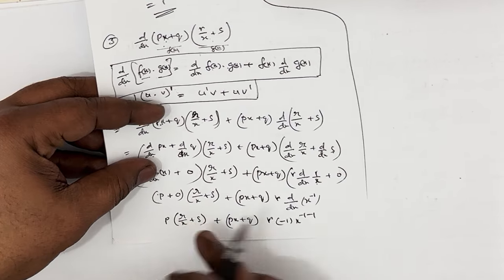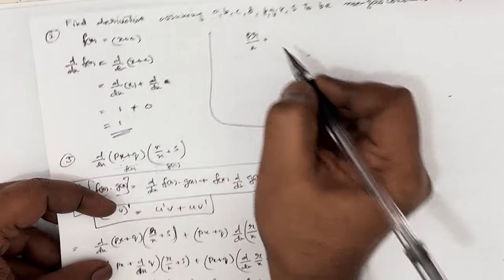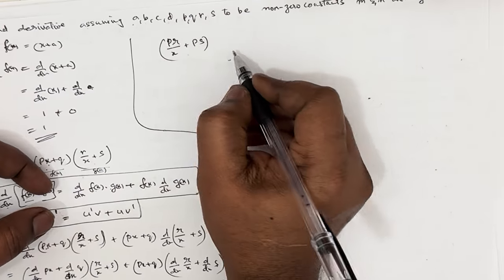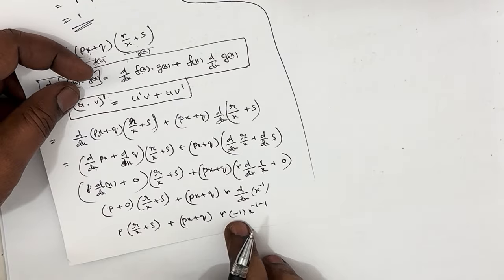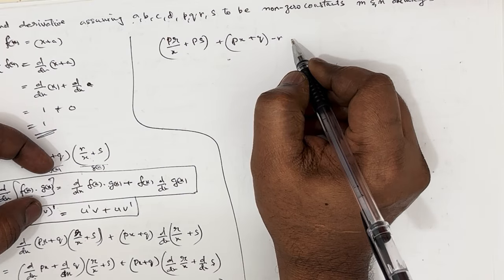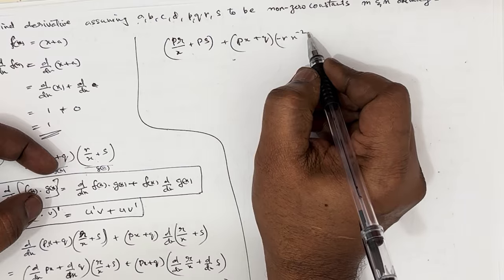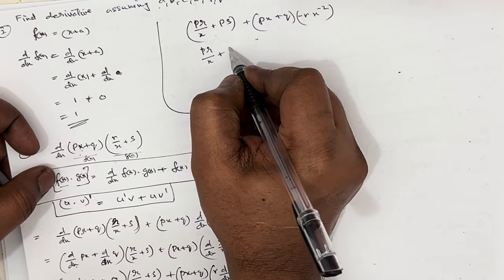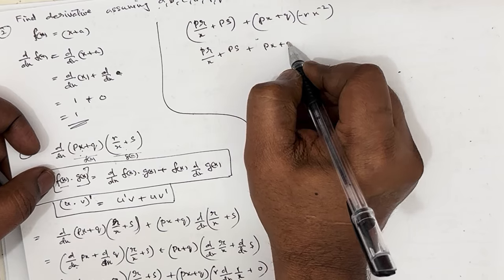Let's multiply p inside: pr upon x plus ps, plus px plus q times minus r x raised to minus 2.